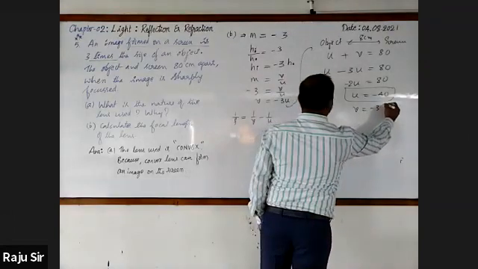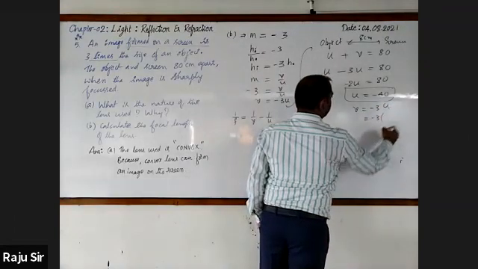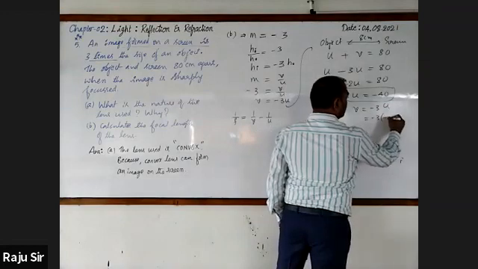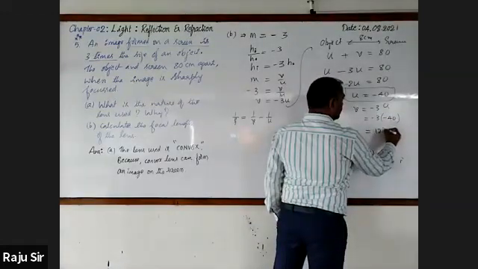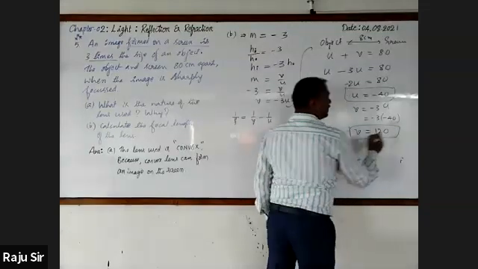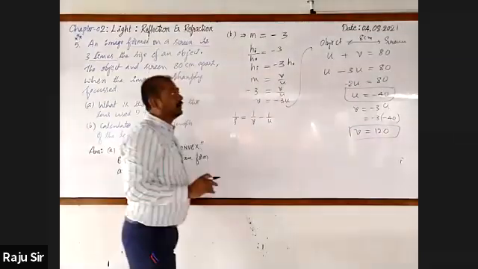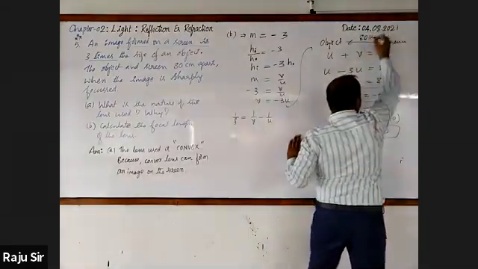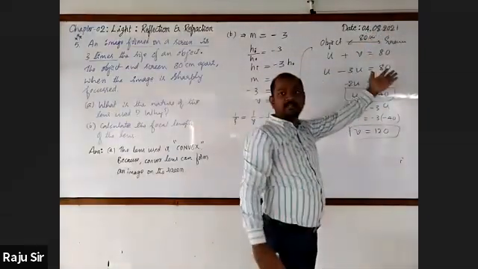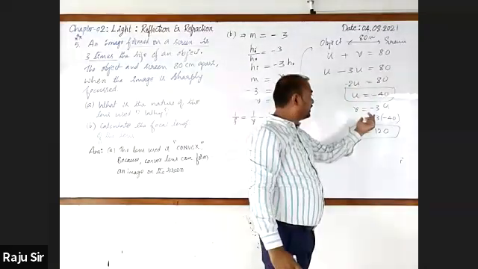Minus 3u, minus 3 into minus 40 is equal to plus 120. Right? Continue.